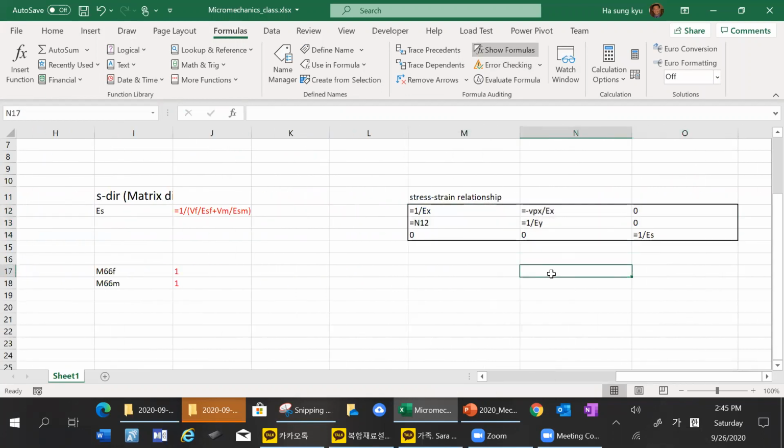And as you can see, these are the equations of the stress-strain relations of composites.